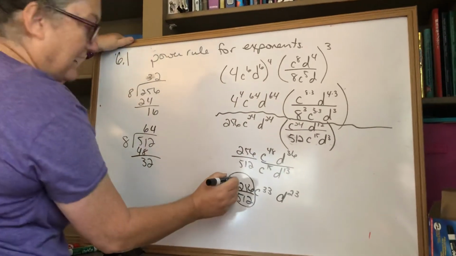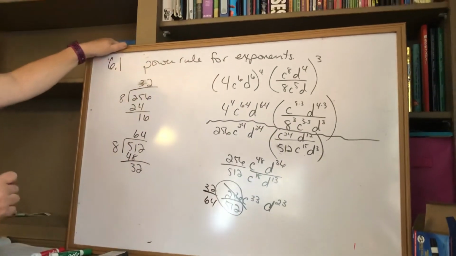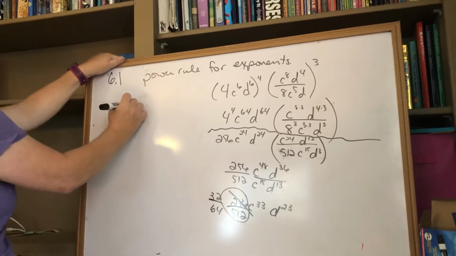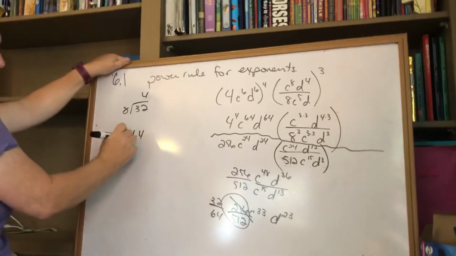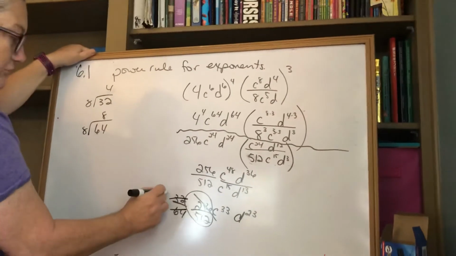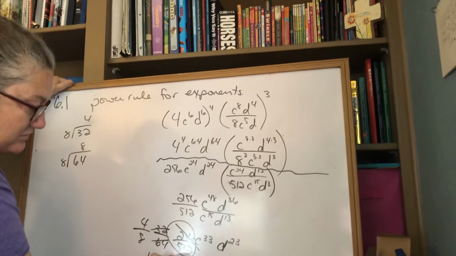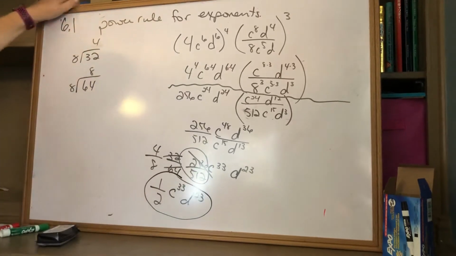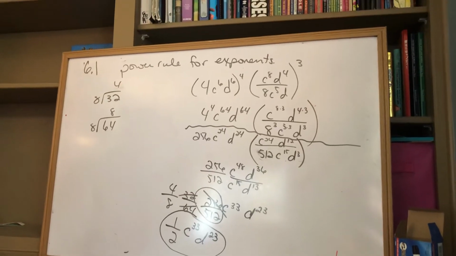So this could simplify to 32 over 64, but we can simplify that some more, right? 32 is divisible by 8. That would be 4, and 64 is divisible by 8. That would be 8. So we could simplify that to 4 over 8, which becomes 1/2 C cubed D squared. Now that one was a little bit more of a bear, so hopefully we won't have too many of them, but that was just putting them all together.